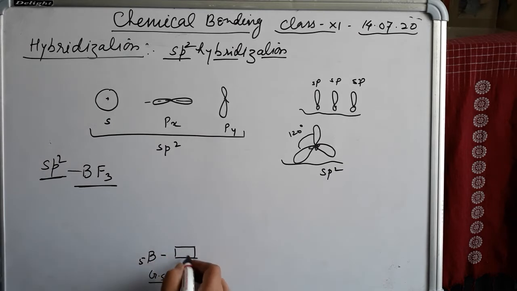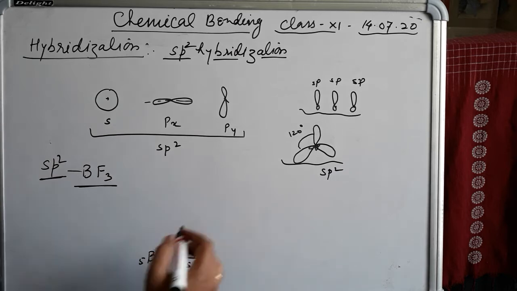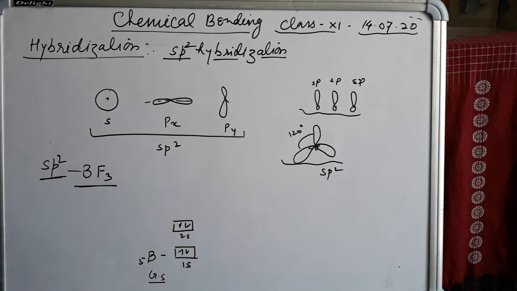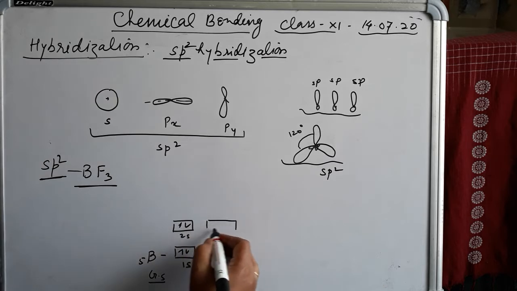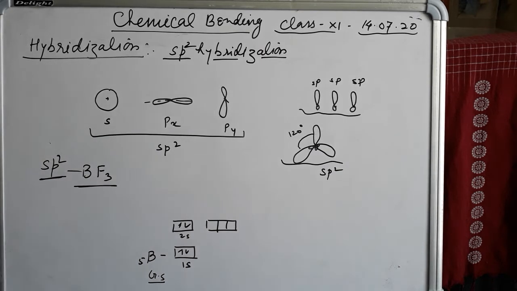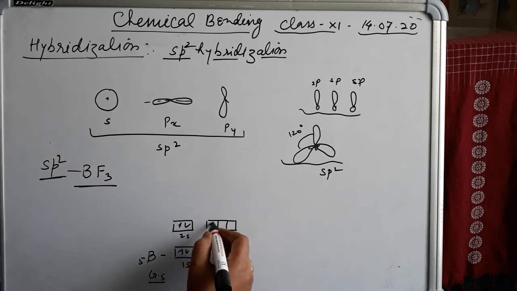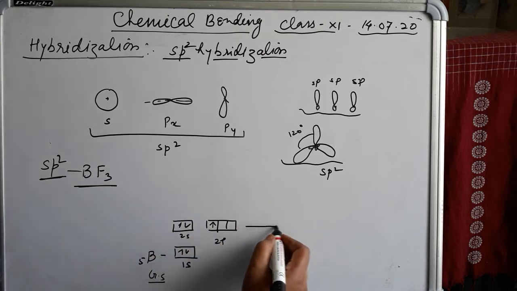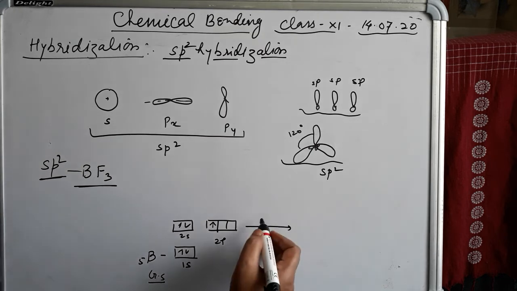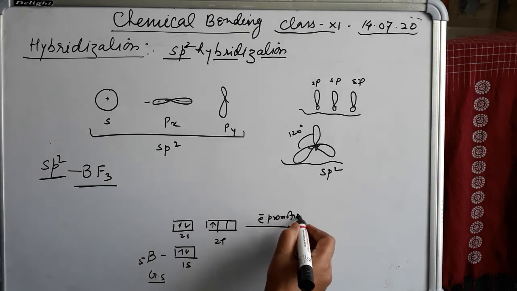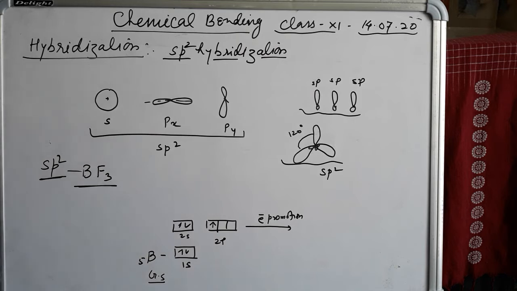This is 1s with 2 electrons, 2s also with 2 electrons, and 2p1. So, in the excited state, promotion of electrons takes place because it has a vacant p orbital.